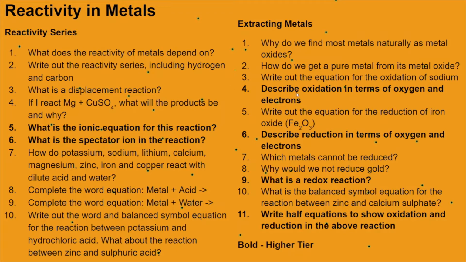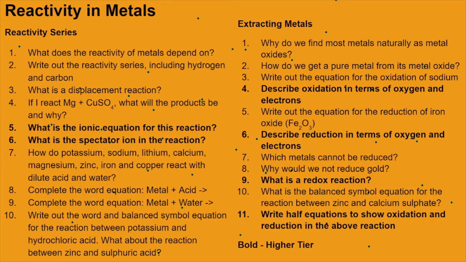So the higher tier bit is to describe oxidation in terms of electrons as well. We generally say that the element or compound being oxidized is gaining oxygen, and reduction is losing oxygen. But sometimes we can have oxidation and reduction where there's no oxygen involved, and this is simply because oxidation is a loss of electrons to form a positive ion.